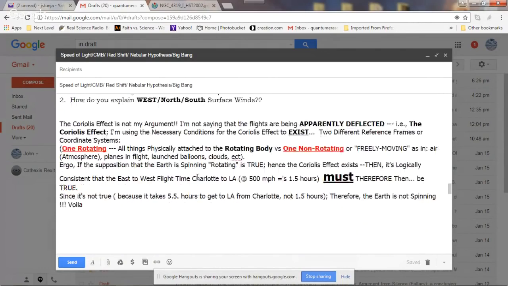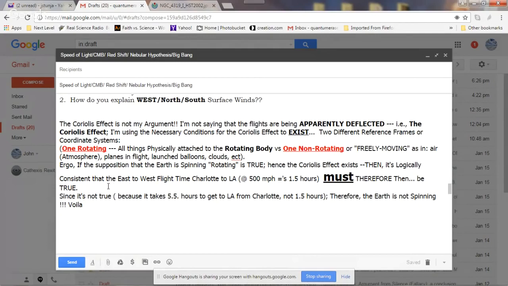So, in conclusion, the Coriolis effect is not my argument. I'm not saying that the flights are being apparently deflected. That's the Coriolis effect. I'm using the necessary conditions for the Coriolis effect to exist, the two differing frames of reference or coordinate systems, one rotating, the other non-rotating, the Earth and the atmosphere.